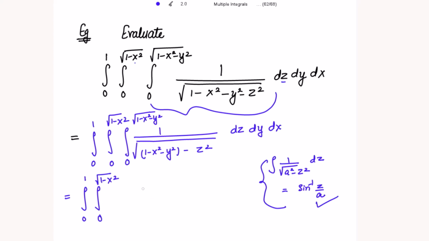So this becomes, I have to write the direct integration. So this is sine inverse z over a, where a is square root of 1 minus x square minus y square, and putting the limits.